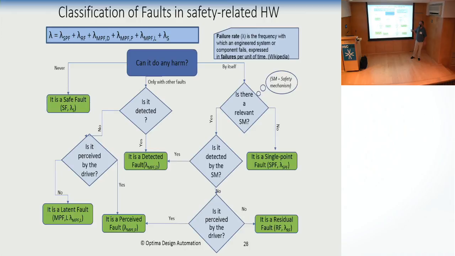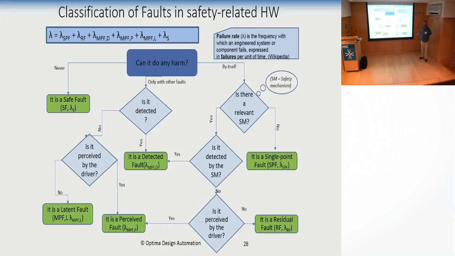Sometimes the fault by itself can cause a problem. If this is the line going to the brakes, and a bit being transferred on this line says hit the brakes, then a fault here immediately hits the brakes, immediately causes a problem. Then I want to say, is there a safety mechanism? Is there some way of protecting?